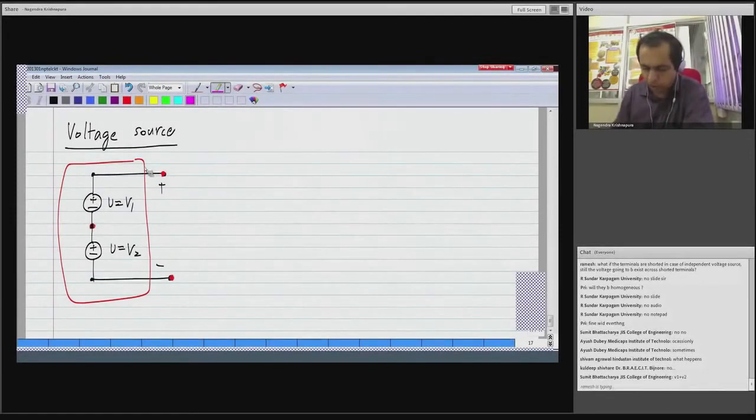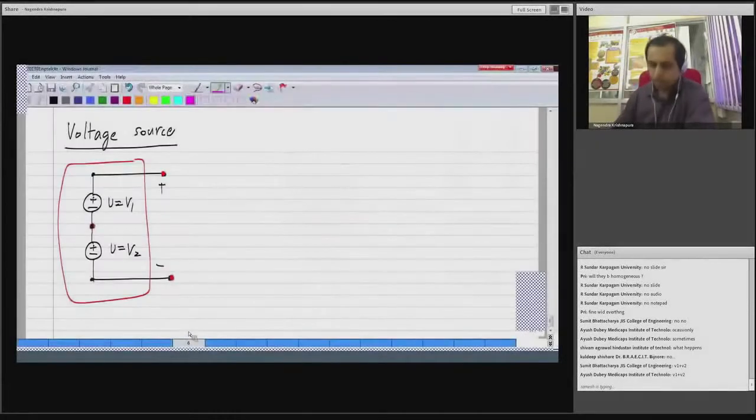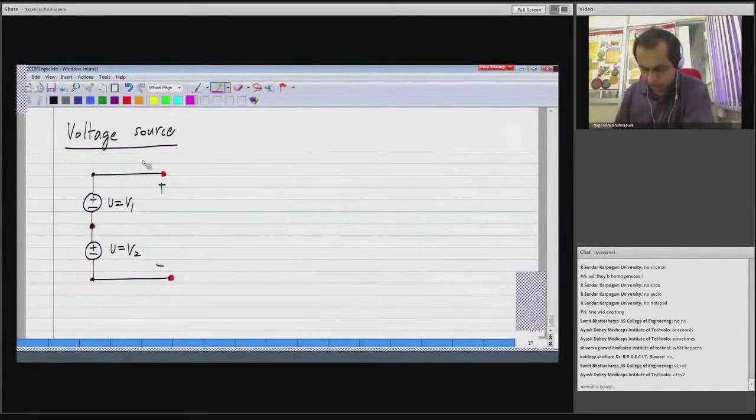The entire thing looks like a single two-terminal element. So as a couple of people answered, the voltage across these two terminals would be V1 plus V2.